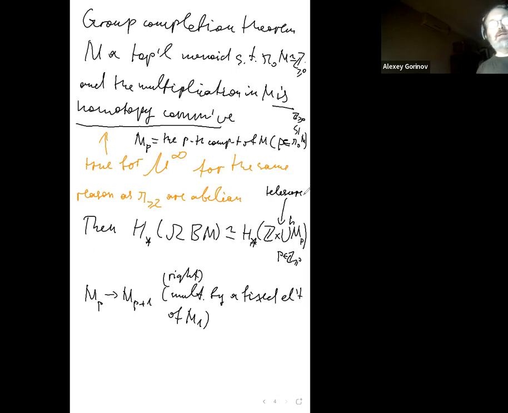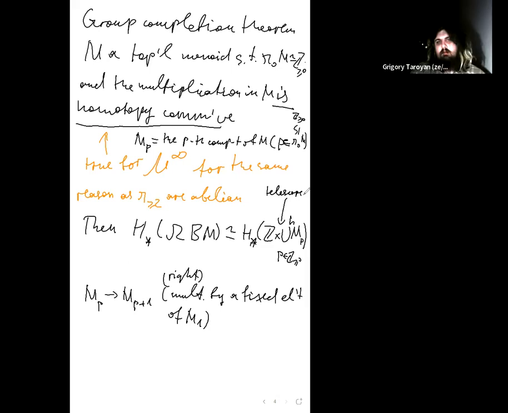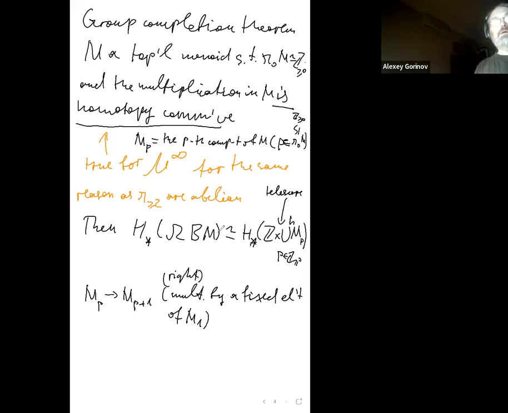Okay. Now, is it an isomorphism over the integers or over the rationals? Well, I think this will be an isomorphism over the integers, but we'll see in more detail when we get there.